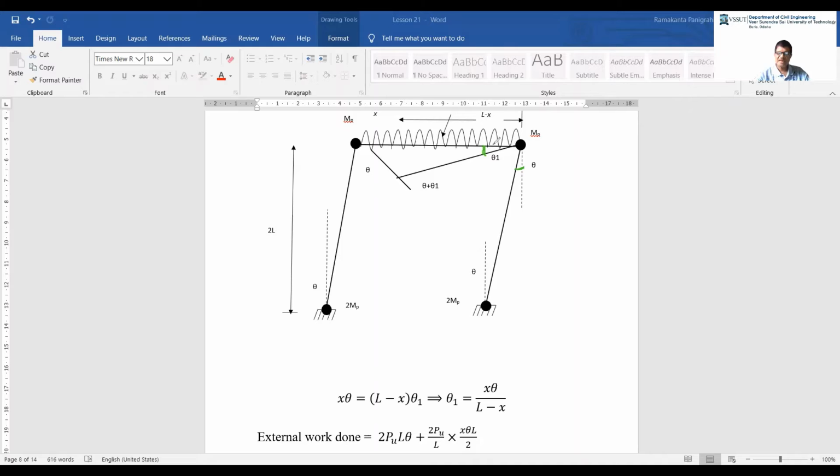So MP into theta plus theta 1. Here also, this is also MP, so MP into theta plus theta 1. So there will be two terms, MP into theta plus theta 1, MP into theta plus theta 1. And theta 1 is nothing but x theta by L minus x. So you put all these values, and you will find the calculation.